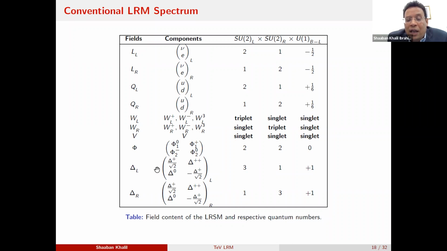But you see from here, you have delta 0, which gives a non-zero vacuum expectation value, and you break the symmetry. But the content is strange. It has charged particles and even a doubly charged particle, delta plus plus or delta minus minus, for left and for right.